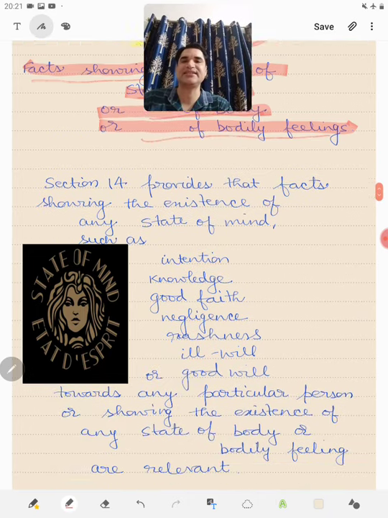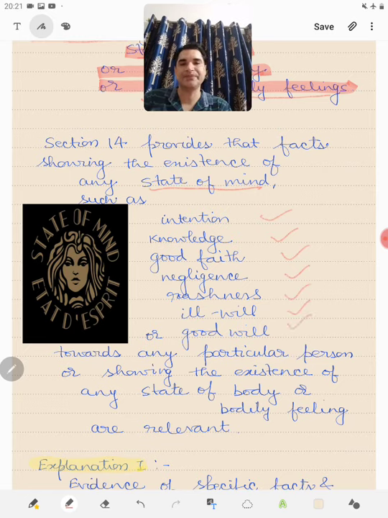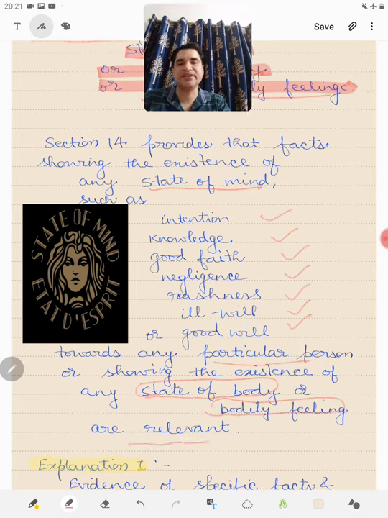Section 14 provides that facts showing the existence of any state of mind, such as intention, knowledge, good faith, negligence, rashness, ill will, or goodwill towards any particular person, or showing the existence of any state of body or bodily feeling, are relevant.